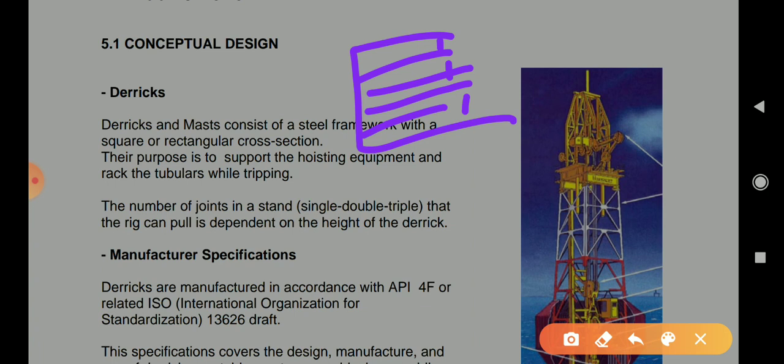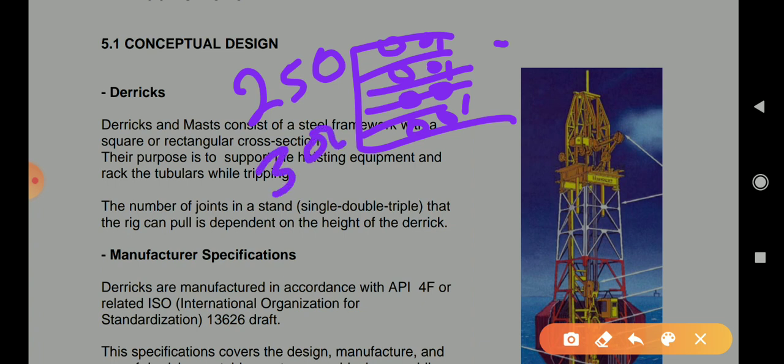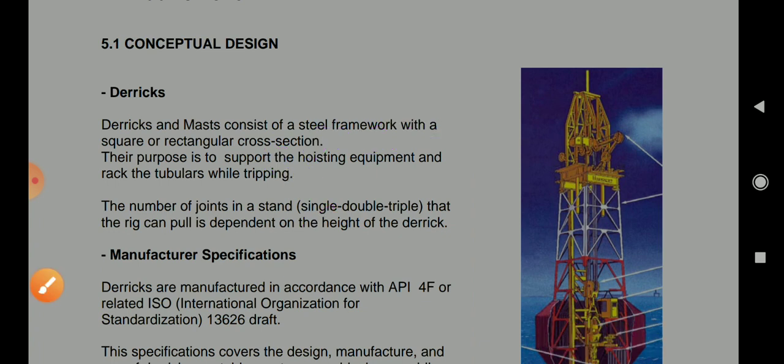Whenever you rack back, that means tripping out, you put the tubulars inside these racks. Depending upon the rig capacity, maybe 250 stands, 300 stands on both sides, maybe 350, like that. That is how the tubulars are racked back during tripping.